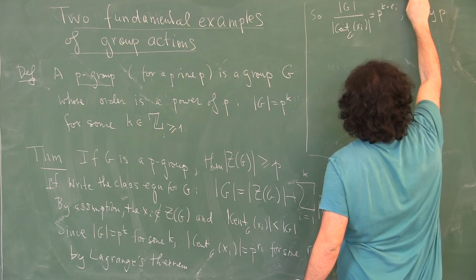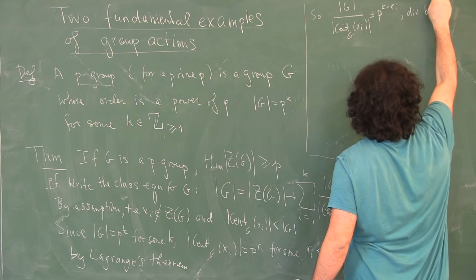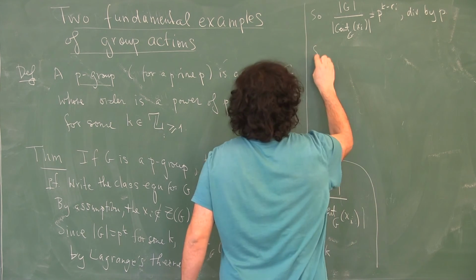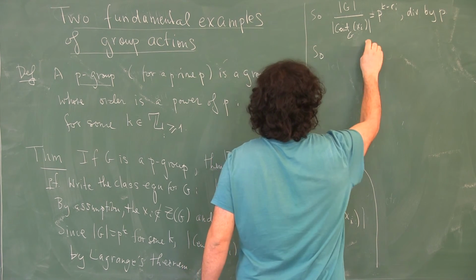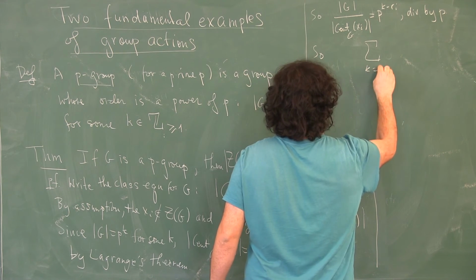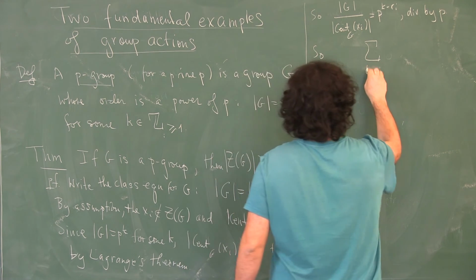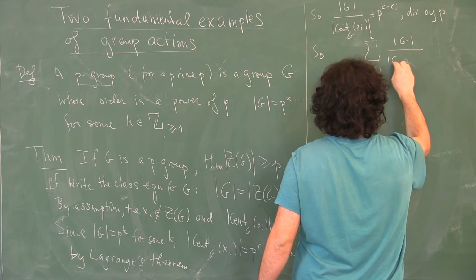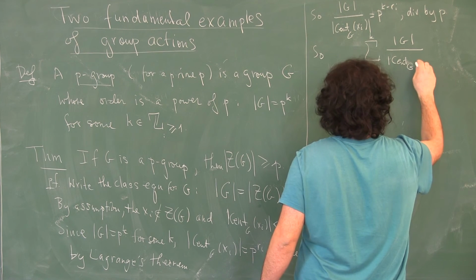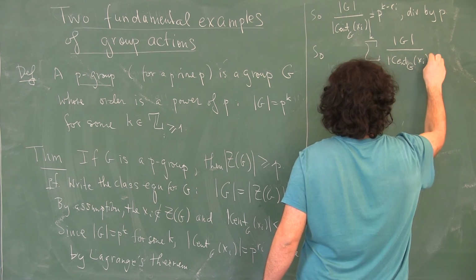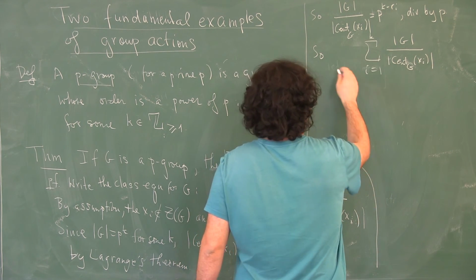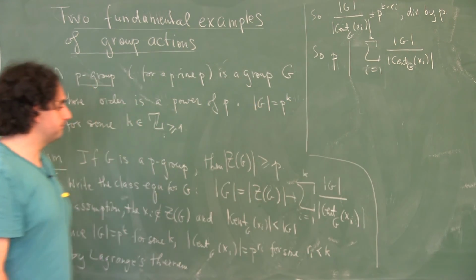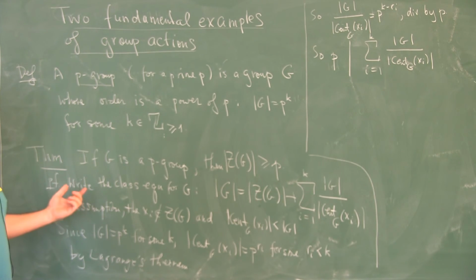In other words, this k minus ri is strictly bigger than 0. So if I take this sum, i equals 1 to k of the order of G divided by the order of the centralizer in G of xi, this is divisible by p. P divides this sum. But now we are in good shape.